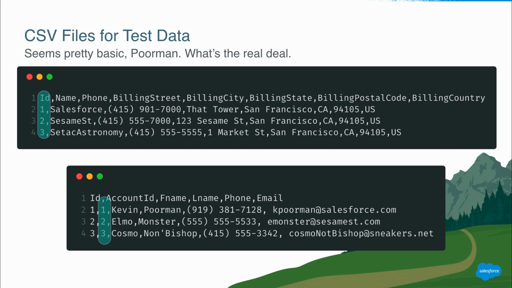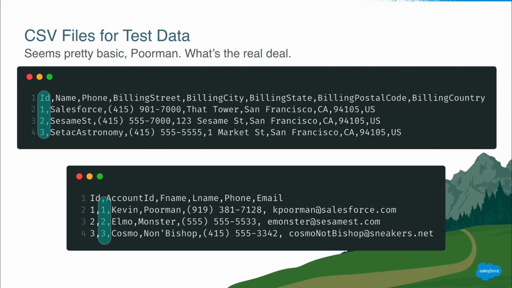But because they're referentially sane, the account IDs are referenced in the account CSV as the ID there. Salesforce knows to go in and align those together. It makes those references automatic for you. So in this case, when we load the contact, if we've already loaded the accounts, you've got to do it in order. So we load the accounts, then we go to load the contacts. Kevin Porman will be associated with Salesforce automatically.